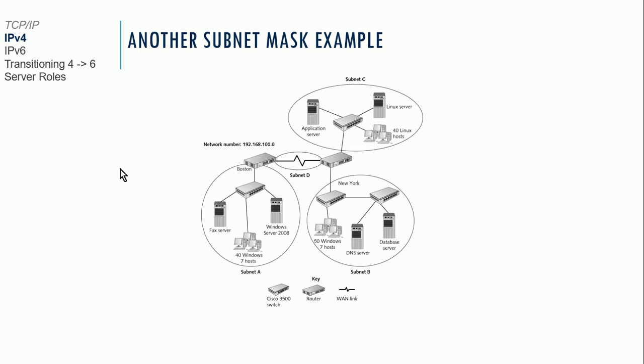In this example, someone has divided our network into 4 subnets. You'll notice subnet D only really contains 2 IP addresses. It's the subnet between those 2 network devices, between those 2 routers. Sometimes something like that does have to be done. But in this case, we have our 4 subnets, A, B, C, and D, and perhaps this could be done by subnetting.